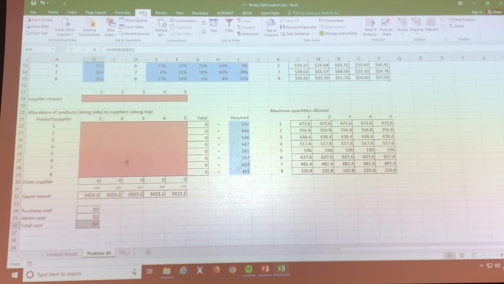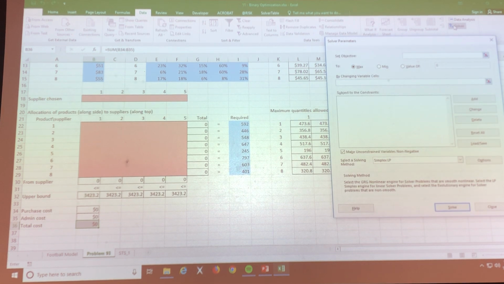We head to Solver. Our objective is to minimize cost, so we're trying to minimize B36 by changing, okay, let me tell you about these changing cells real quickly.